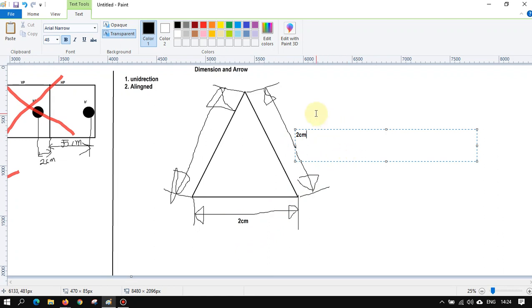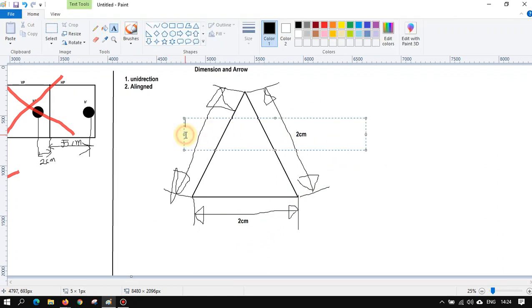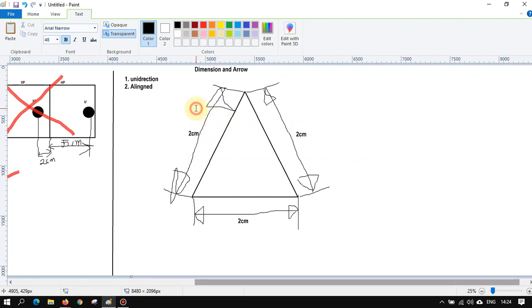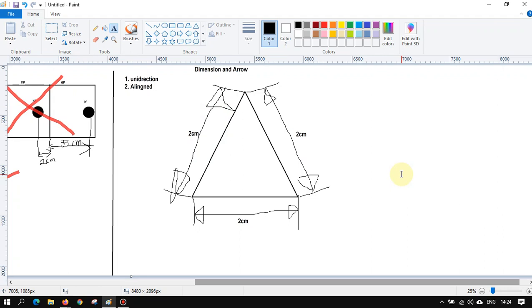Same goes here also: 2 centimeter. This is our unidirectional dimension system. Is that clear to you people? Yes, sir.